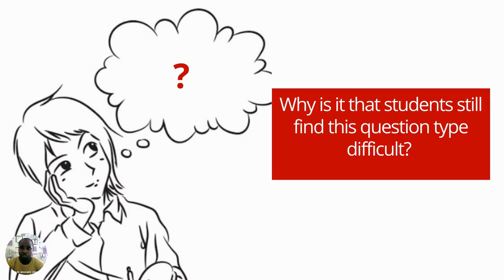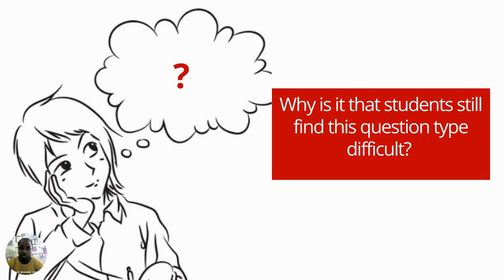The true, false, not given questions are designed to test a candidate's ability to read and understand the passage accurately, also evaluate the information presented and determine whether a statement is true, false, or cannot be determined from the information given in the passage.